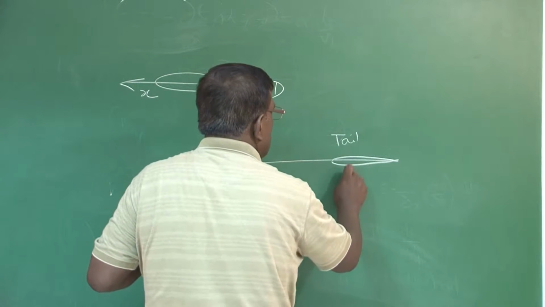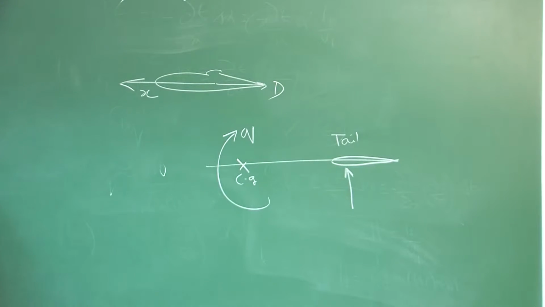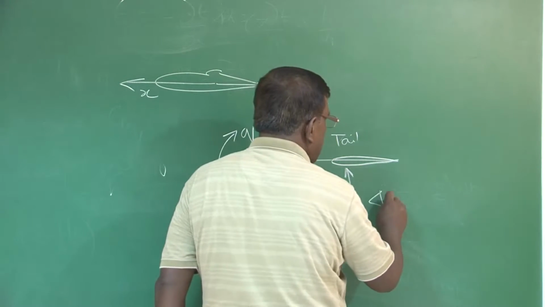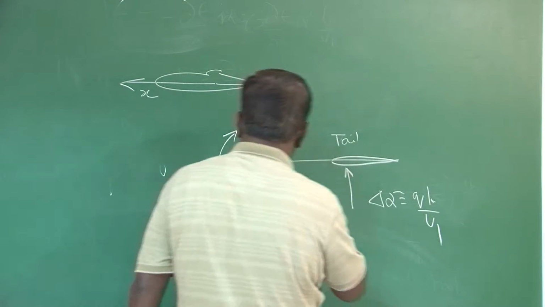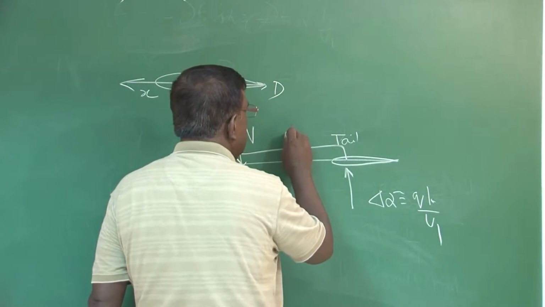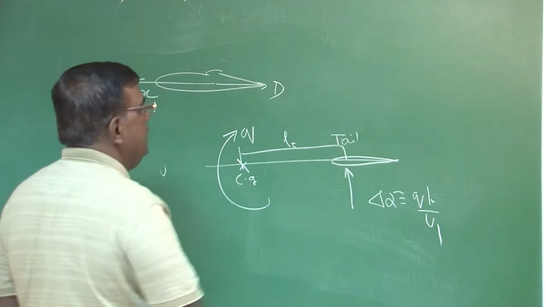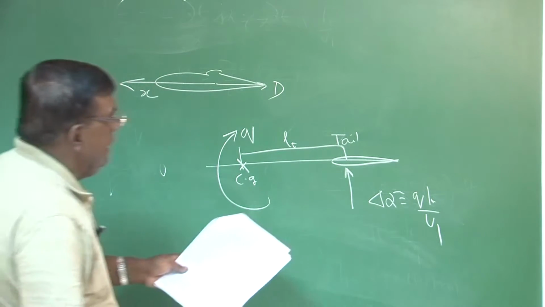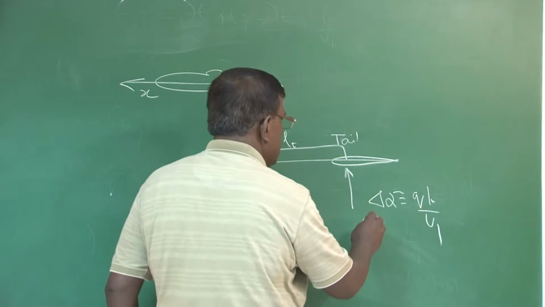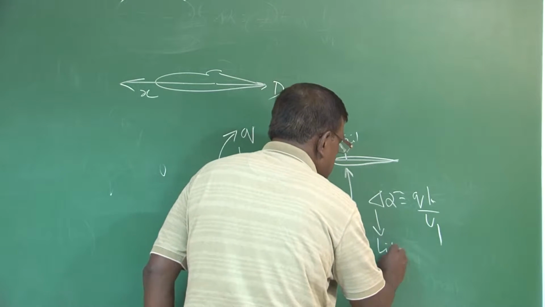As it goes down, there is a relative airspeed it will see, and roughly I can say delta alpha is equal to Q LT by U1. I am saying this is from AC, it is LT. I am assuming the net force is acting, represented at the AC of the tail. And this delta alpha will give lift at the tail.